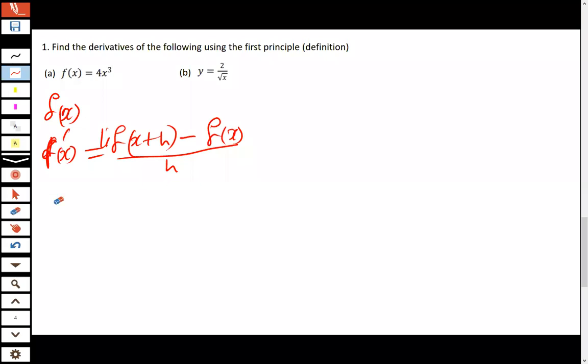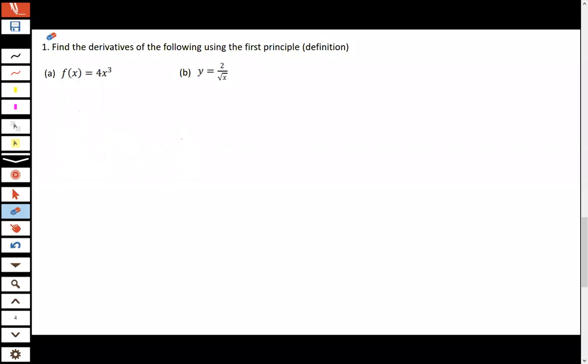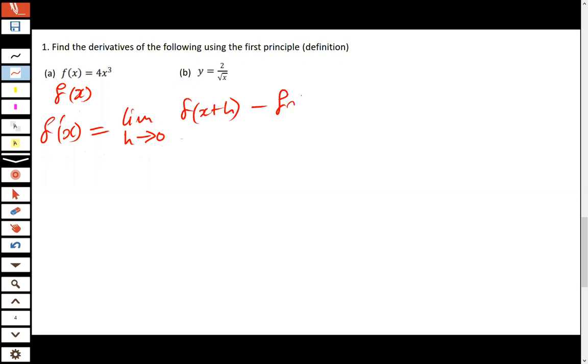Let me just write it properly. So if f of x is the function that we've been given, f prime of x, which is the derivative of f of x, is found by finding the limit as h approaches 0 of f of x plus h minus f of x, everything divided by h.